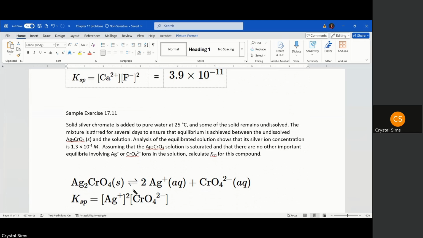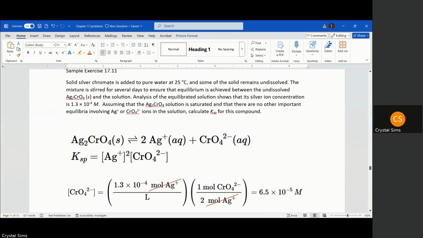All of the silver ions and the chromate ions in the solution came from the silver chromate that dissolved. They told us that there was no other important equilibria there. So we can use the silver ion concentration to then figure out our chromate ion concentration. Here's how we do that.